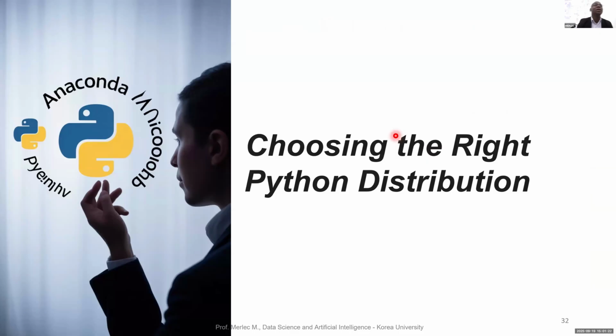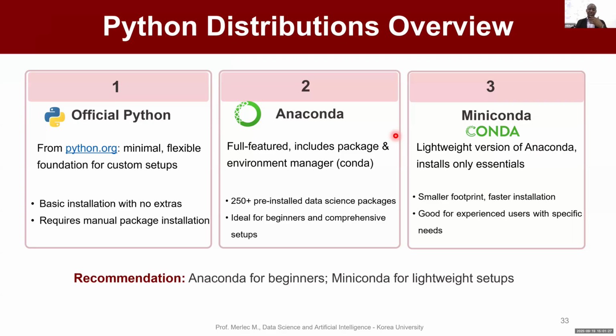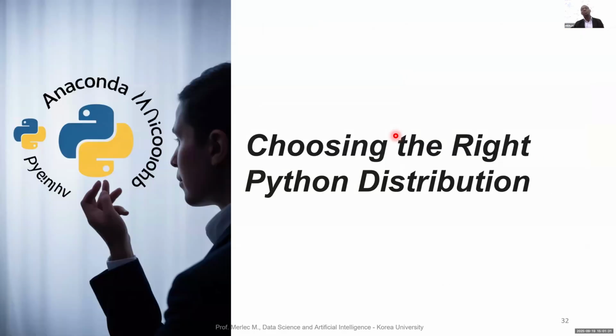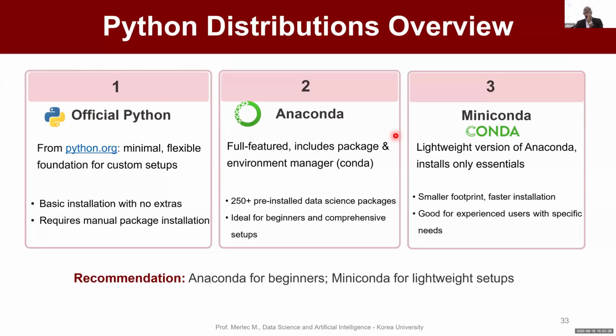So how are we going to use that? Because we have several options for us to use Jupyter Notebook. So we have plenty of choices at our disposal, but which one is the best? I will introduce three distributions.